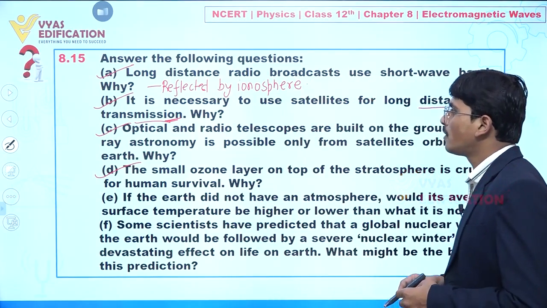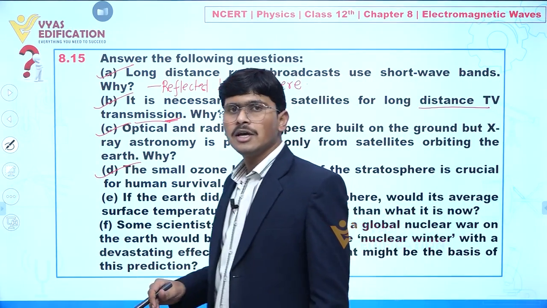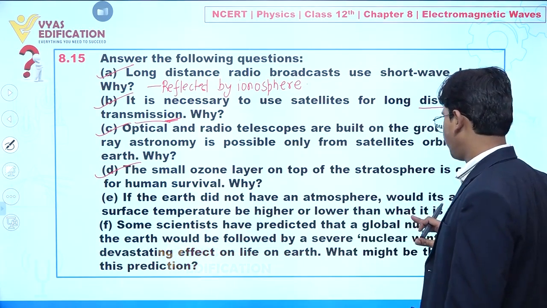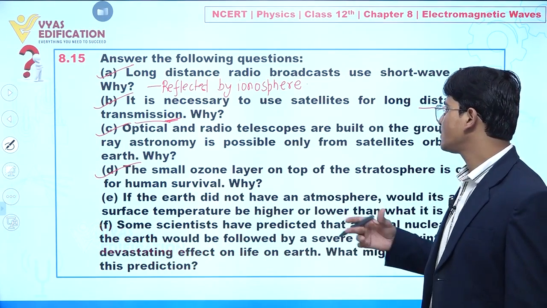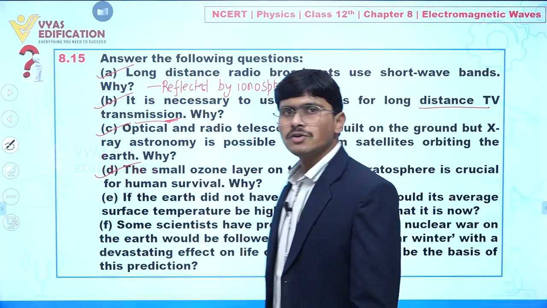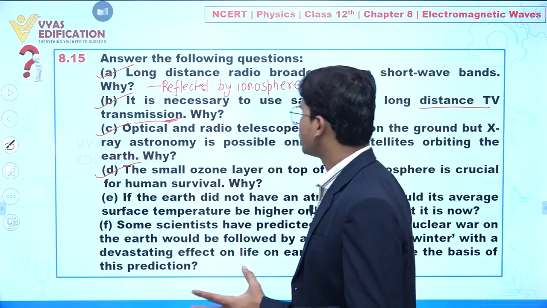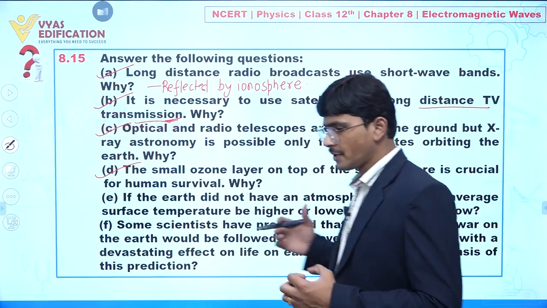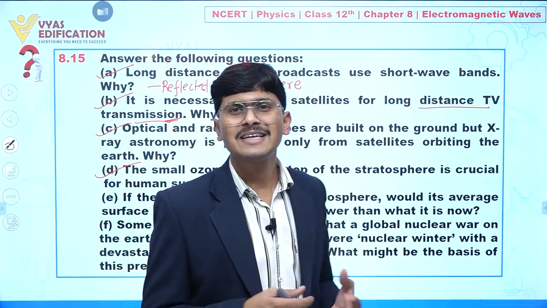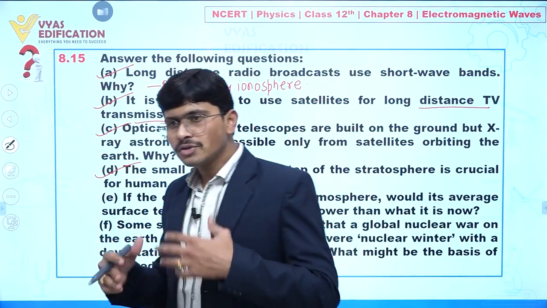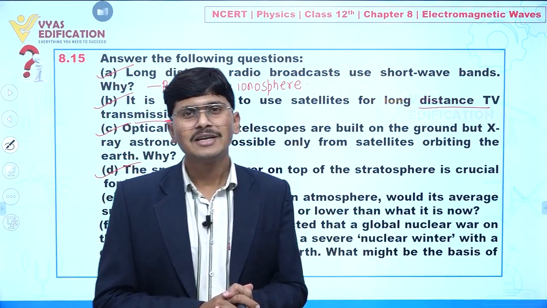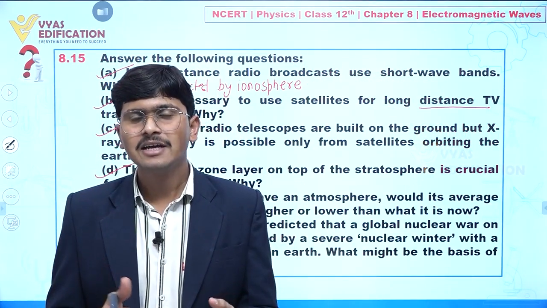Now if we are talking about part E, clear, it is given: if the earth did not have an atmosphere, would its average surface temperature be higher or lower than what it is now, clear? So just imagine this situation, the earth without an atmosphere. Then we do not have any greenhouse effect, and due to the greenhouse effect the temperature of our atmosphere is maintained, clear.